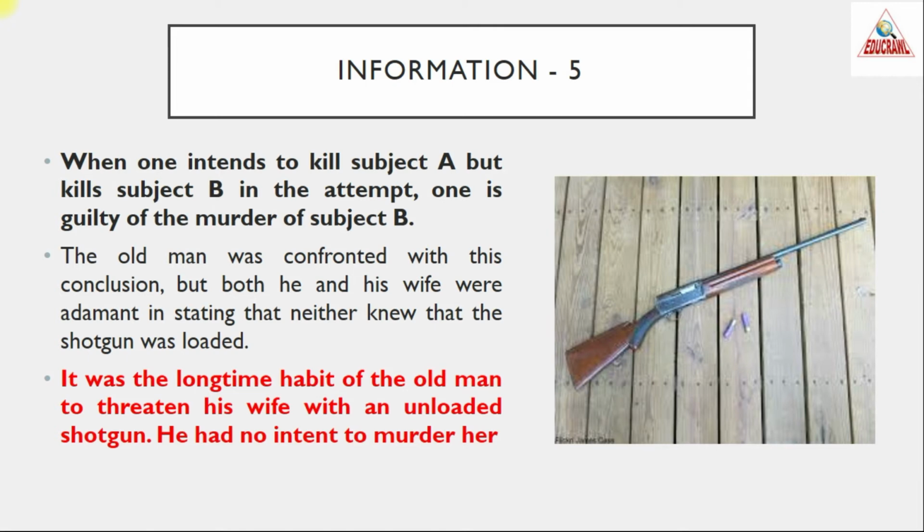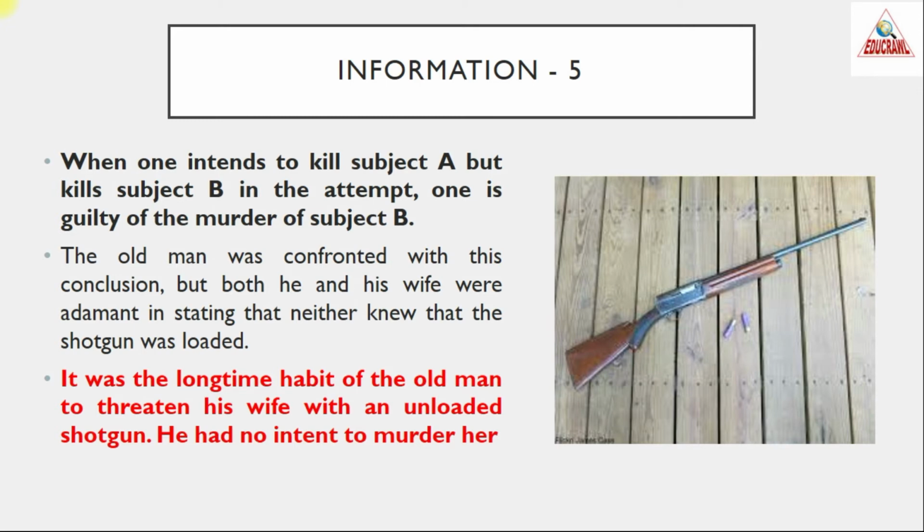The old man was confronted with the conclusion, but both he and his wife were adamant in stating that neither knew that the gun was loaded. It was the long-time habit of the old man to threaten his wife with an unloaded shotgun.